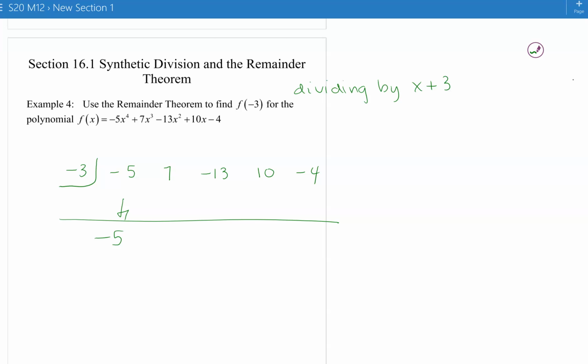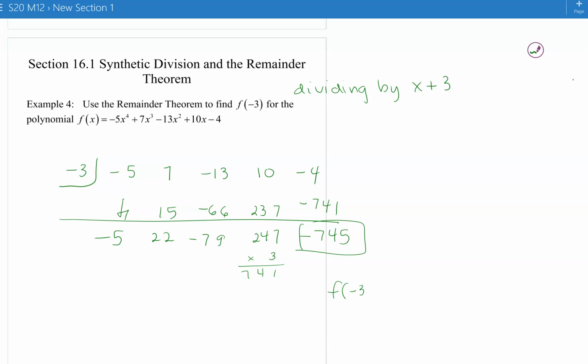Drop down the negative 5. 15 and 7 is 22. Negative 66. Negative 79. 237. 247. Then multiply by 3. And get negative 741, so negative 745 is the remainder.